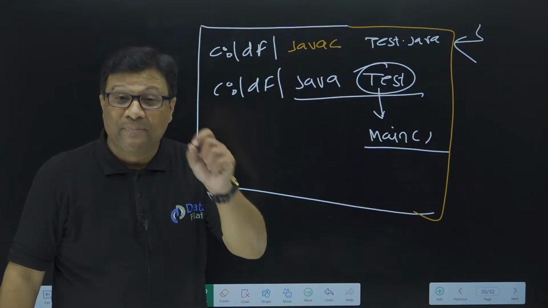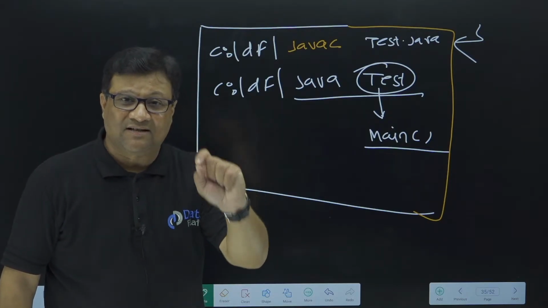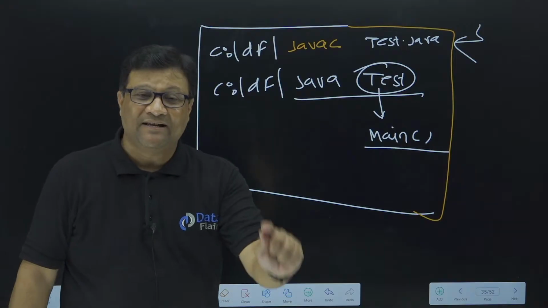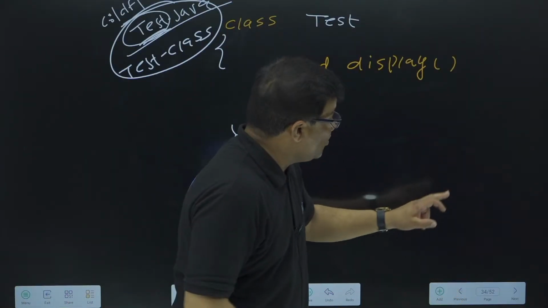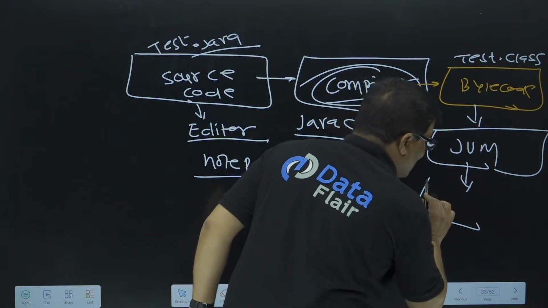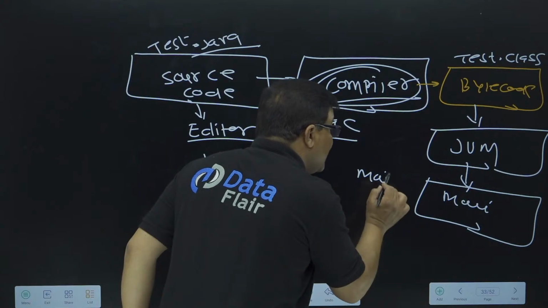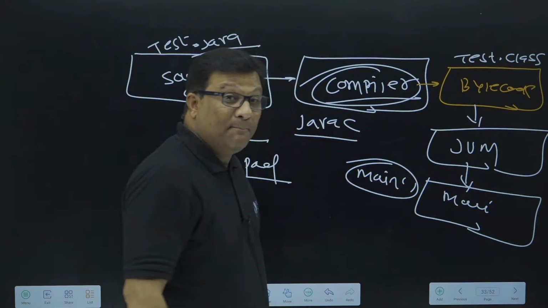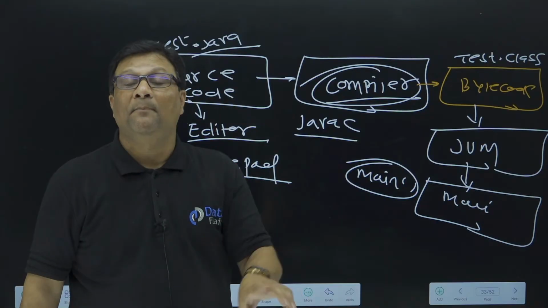The JVM searches for the main method inside test, because the instruction given to the JVM is to start converting bytecode into machine code from the line where main is. So that's why main is executed by the JVM, not by the compiler.